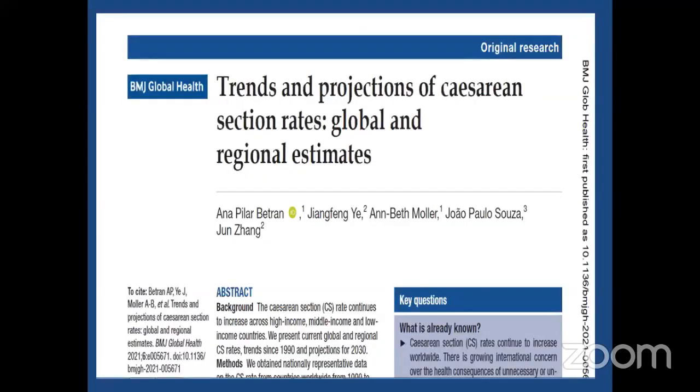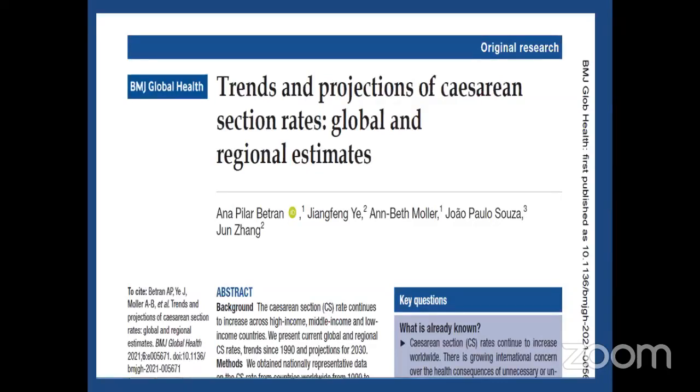Now, having seen the picture as of today, or rather not right up to 2022, but these were the figures from where the data was last collected, between 2015 and 2018, we want to know what will happen in future. This is a paper published in the British Medical Journal, which talks about trends and projections of Caesarean section rates.